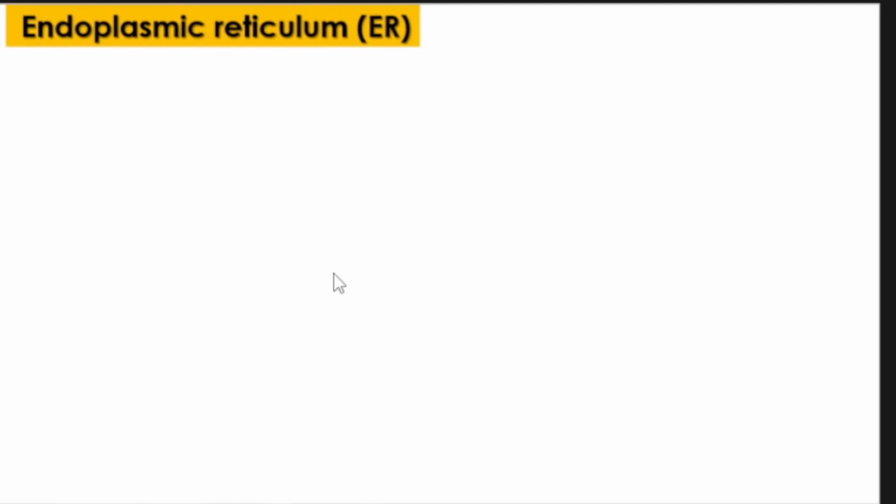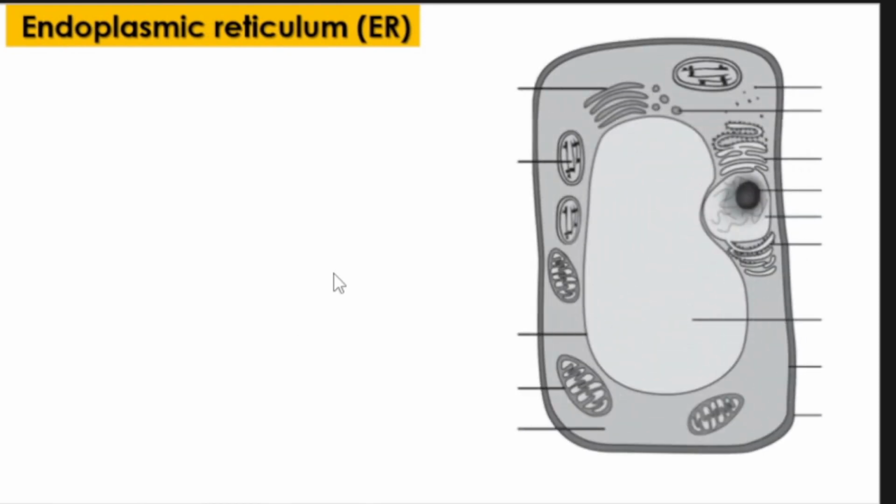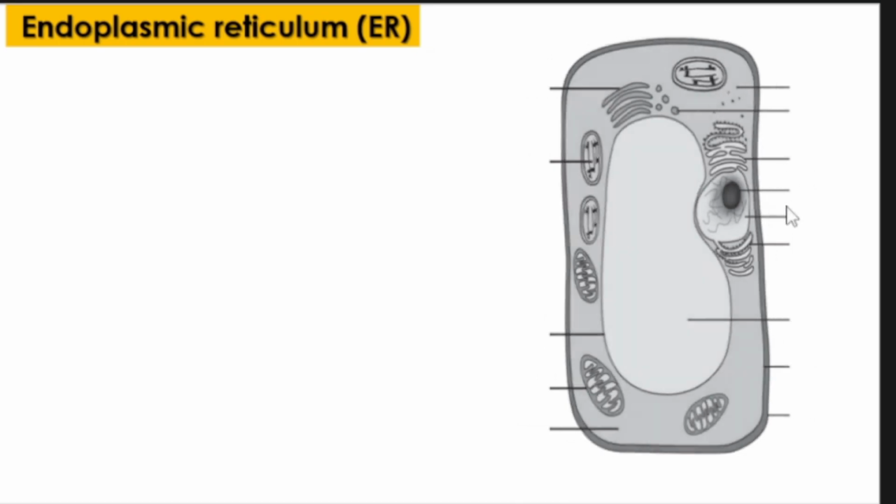All right, so now let us look at the next one, which is the endoplasmic reticulum. For a plant cell, we know that the endoplasmic reticulum is of two types: the rough and also the smooth endoplasmic reticulum.